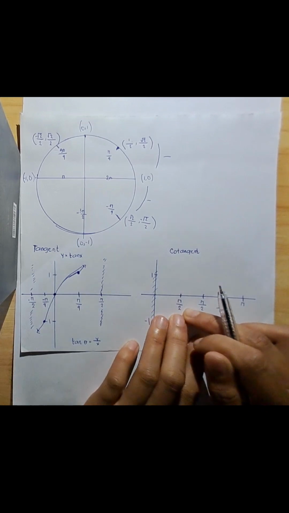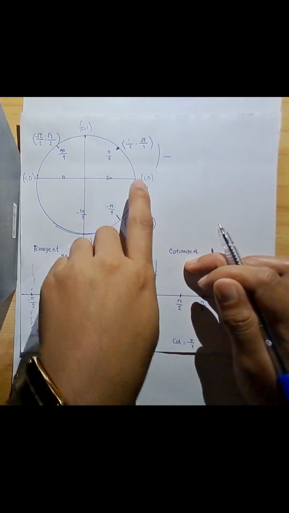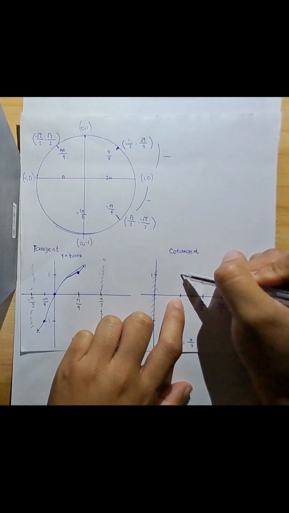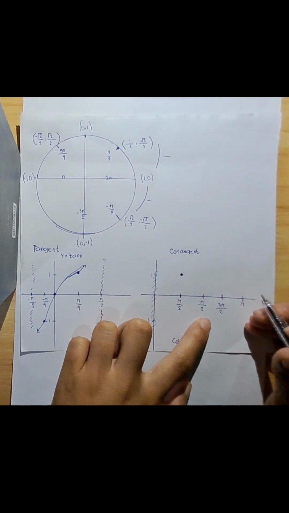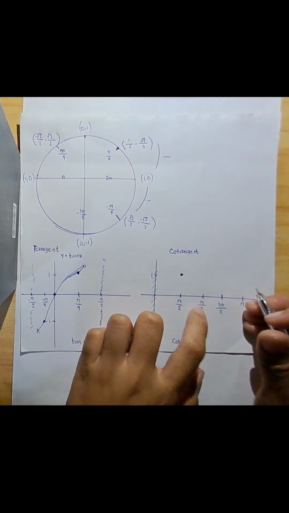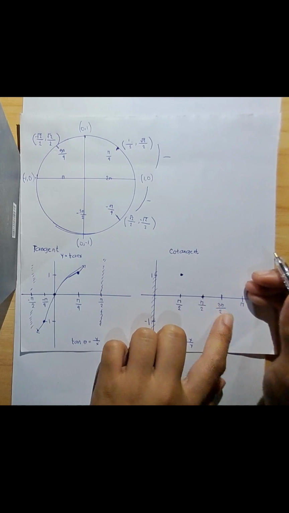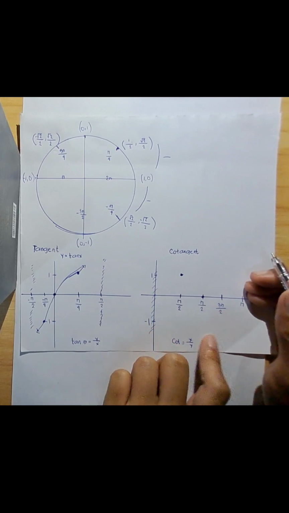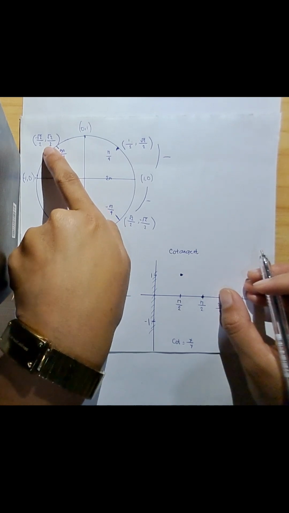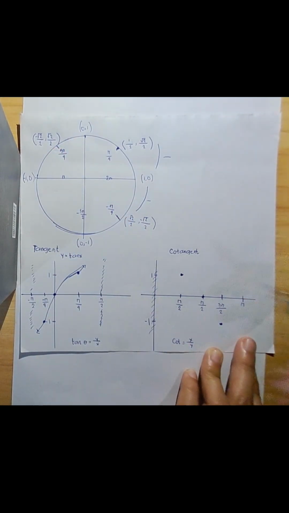At pi over 4, we have a 1. Then at 3 pi over 2 we have negative 1, since negative square root of 2 over 2 divided by square root of 2 over 2 is negative 1, and of course the undefined.